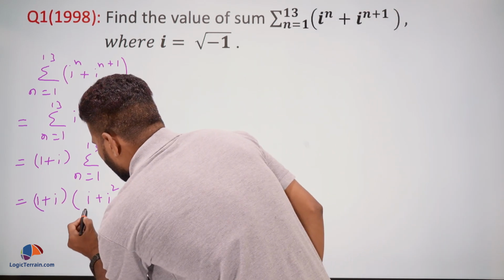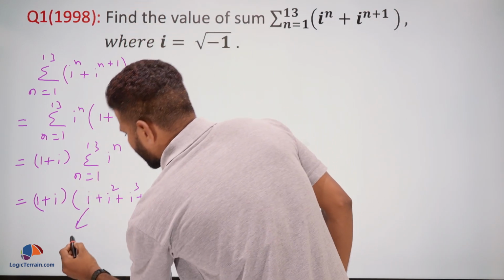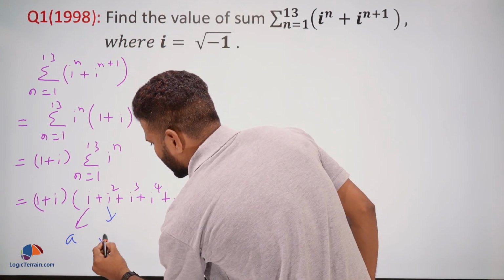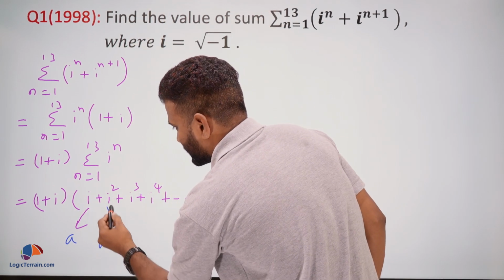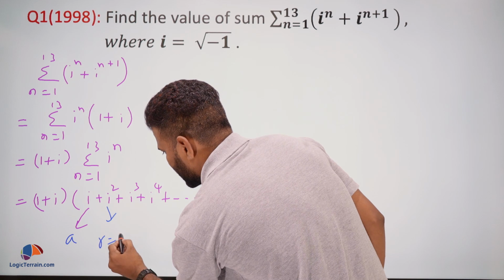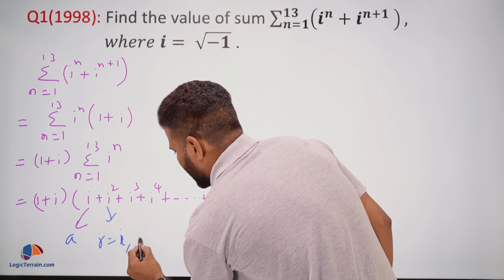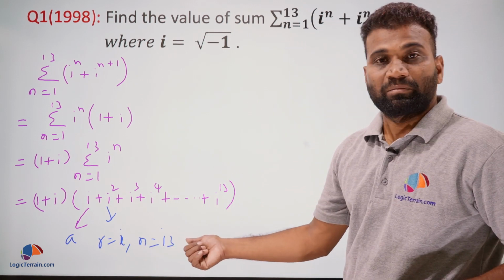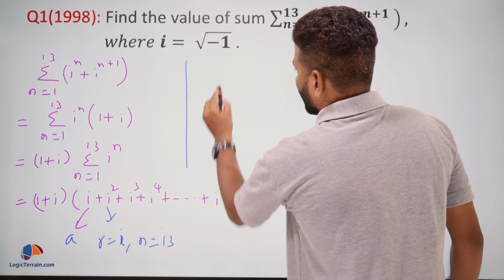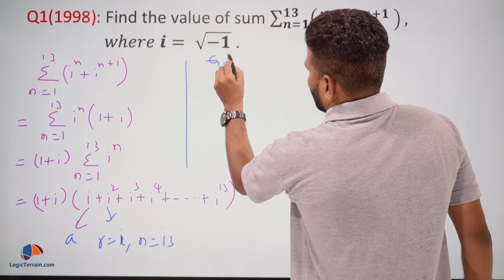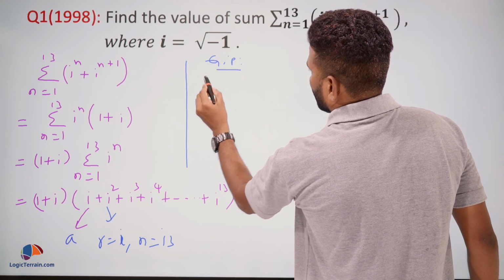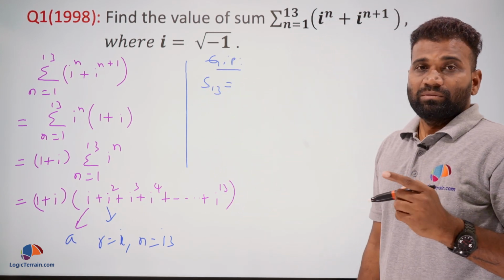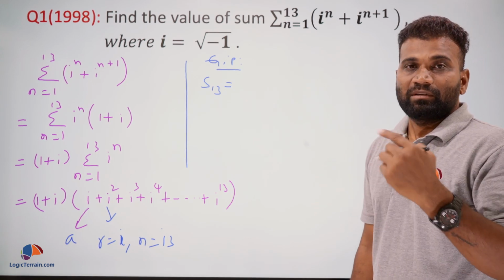Here this is a, and r is equal to T2 upon T1, i squared upon i, that is i, and n we have 13. So by using the GP formula, the sum of 13 terms is equal to a into (1 minus r to the power of n) upon (1 minus r).